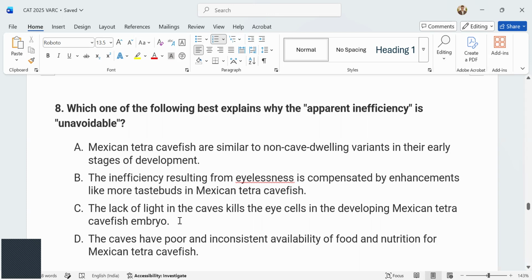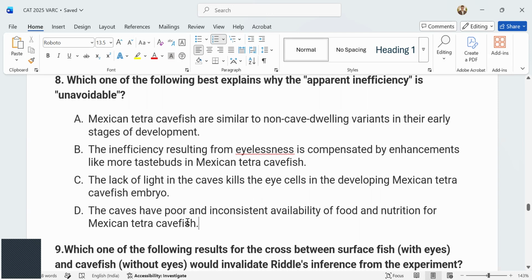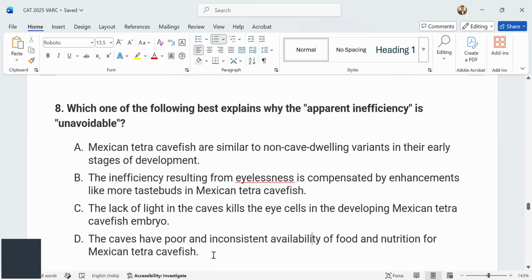The lack of light in the cave kills the eyes. No, there was nothing about light as such in the passage, right? The caves have poor and inconsistent availability of food and nutrition for Mexican tetra fish. Now, this will come into the picture only in the later phase, right?